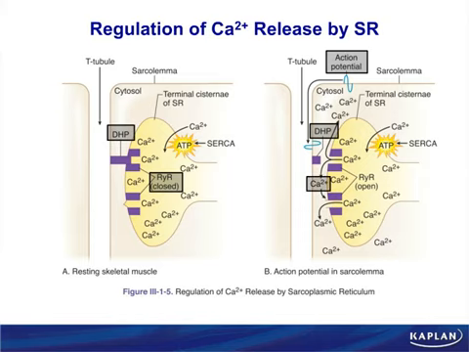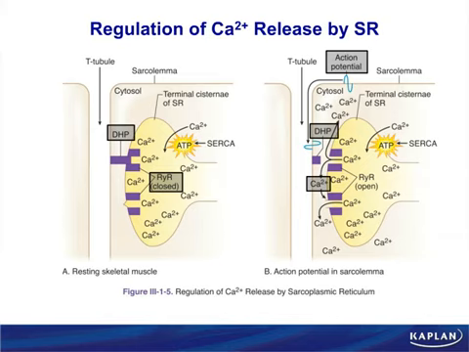And again, this rise in calcium binds troponin, and that's what initiates cross-bridge cycling and the power stroke. The other aspect that calcium does, as I've highlighted on the slide, this calcium rise in the cytosol will also activate ryanodine channels and open them. This is referred to as calcium-induced calcium release.